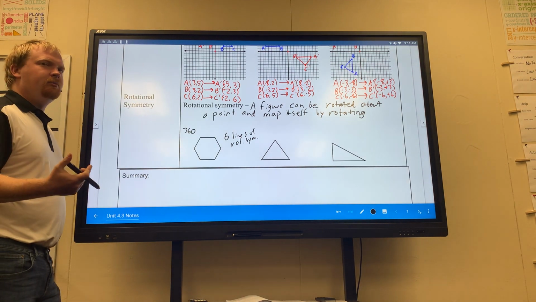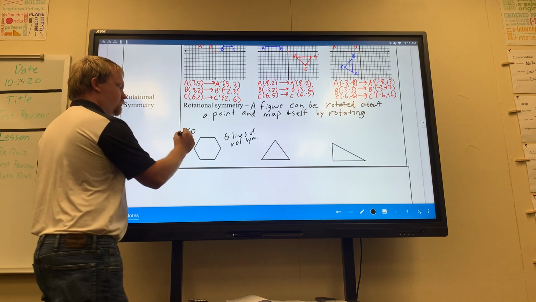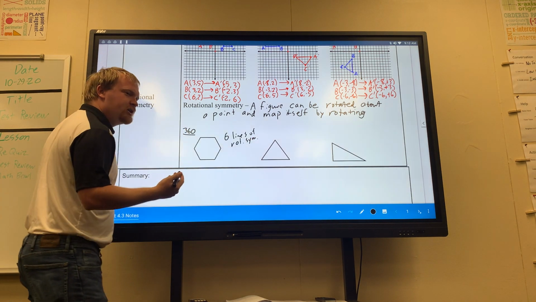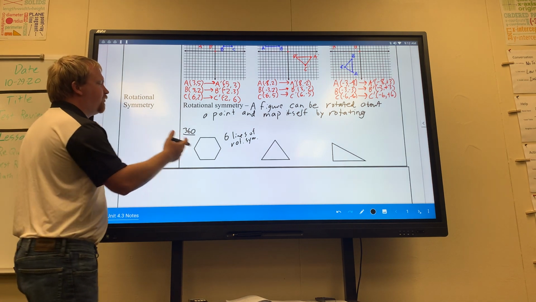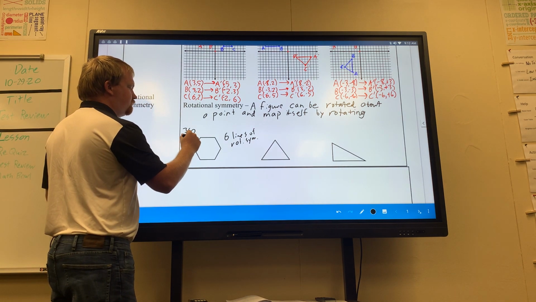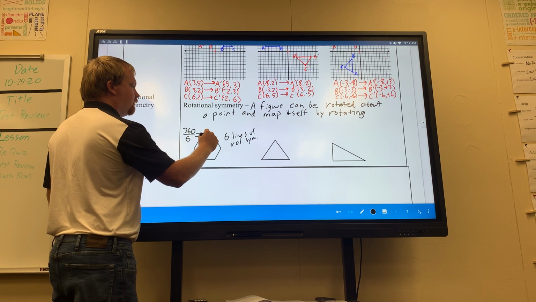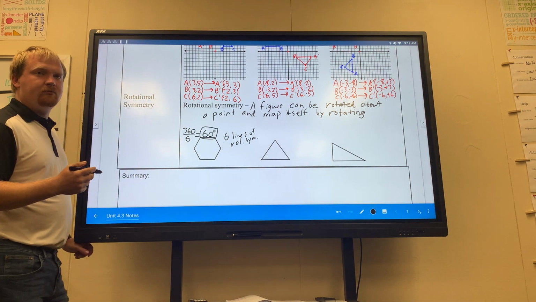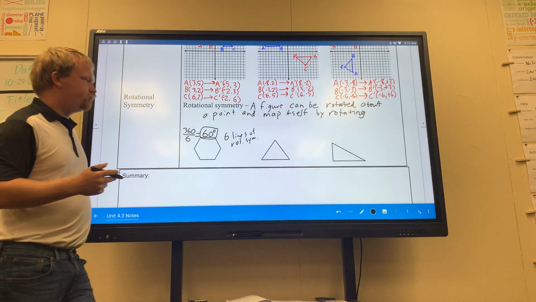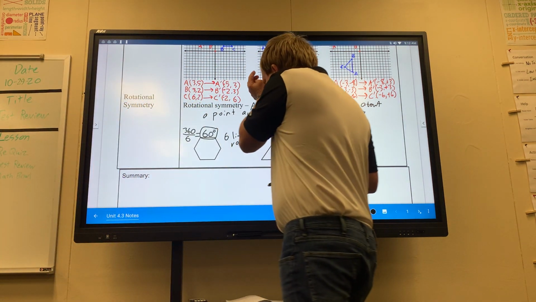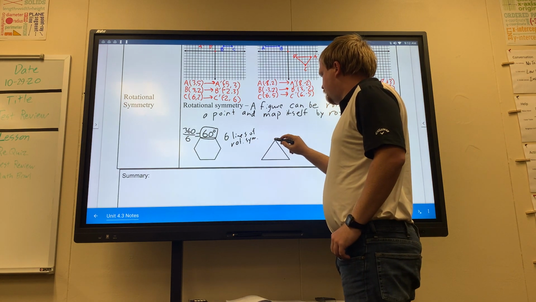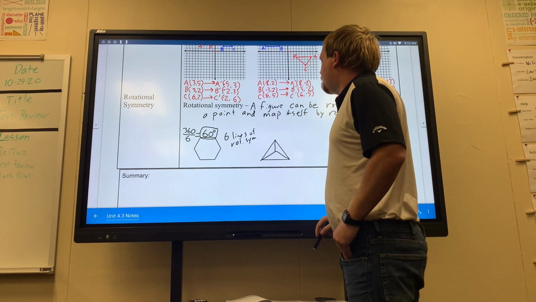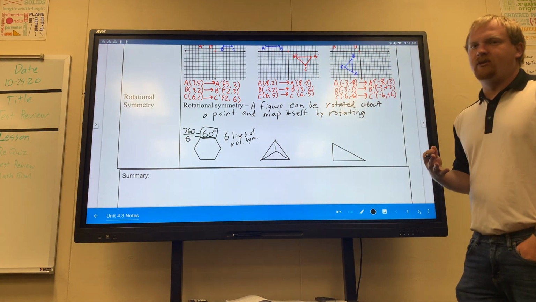Now, how do we determine the actual rotation? Divided by the number of lines of rotational symmetry. Since we have 6 different rotations, I divide by 6, that gives me 60 degrees. Okay? Now, so right here, for example, I'm going to have 3 different lines of symmetry.